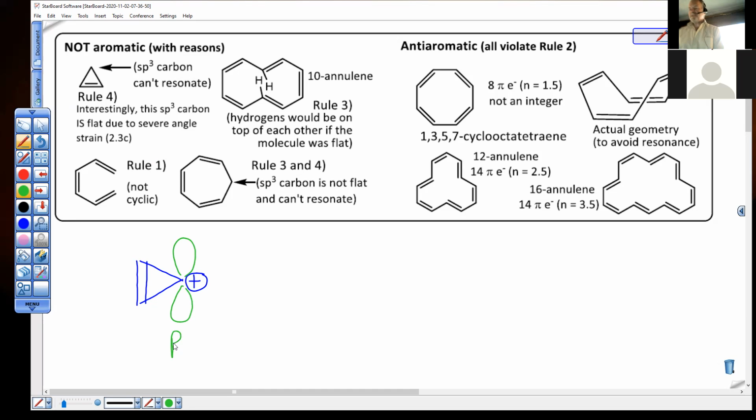P orbitals can resonate with other p electrons. So this sp2 cation, although incredibly unstable due to strain, is stabilized by this special kind of resonance called aromaticity.